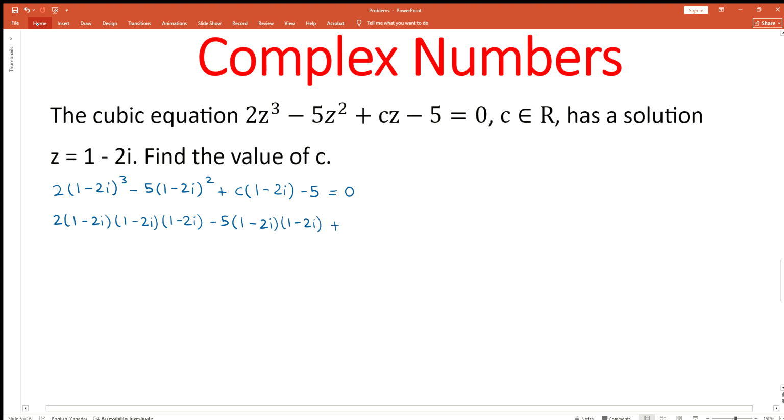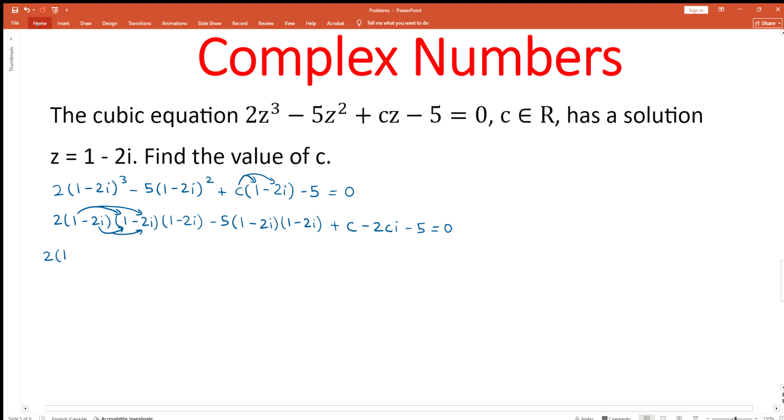Next, we can distribute c into the parentheses. I get c minus 2ci minus 5 equals 0. Next, we can distribute the terms in the parentheses. We should use the FOIL method to distribute the terms in the first two parentheses.